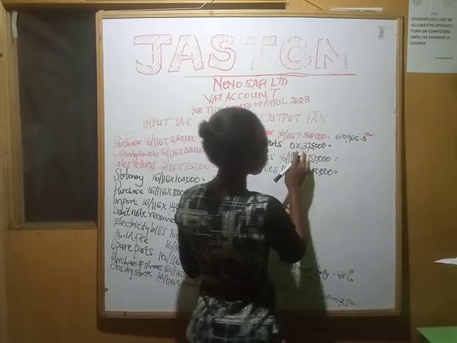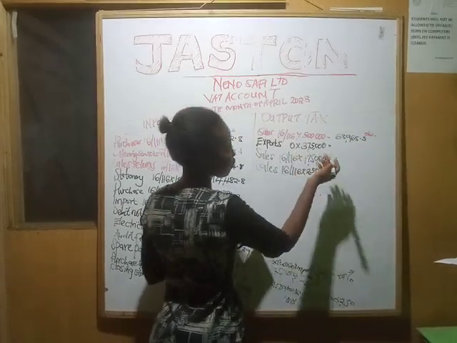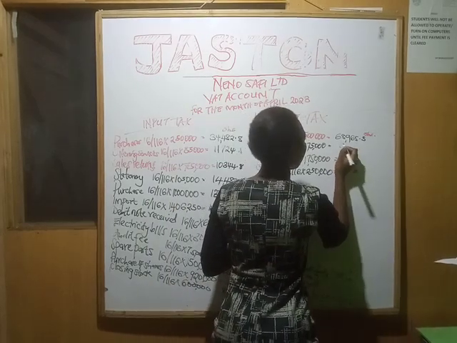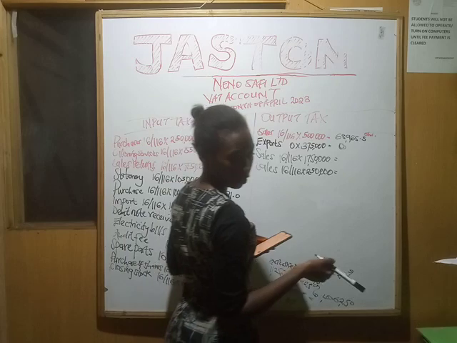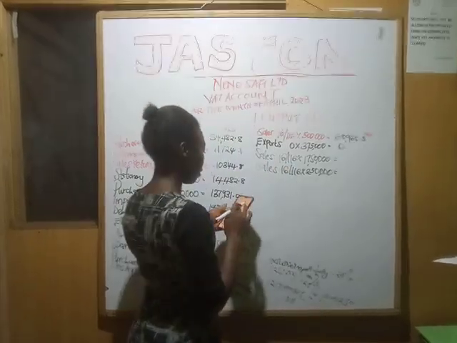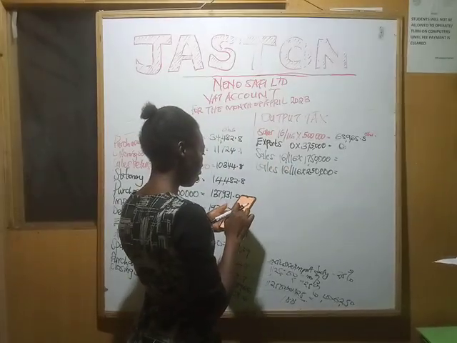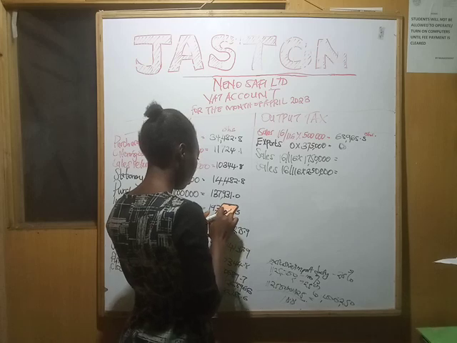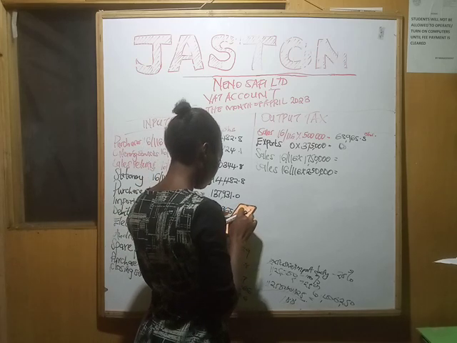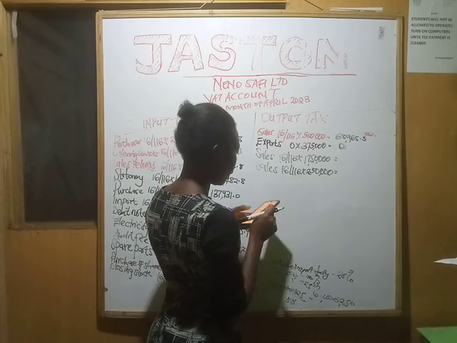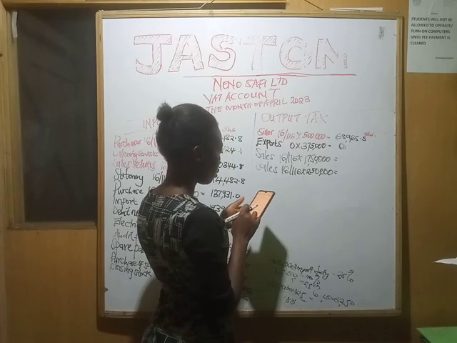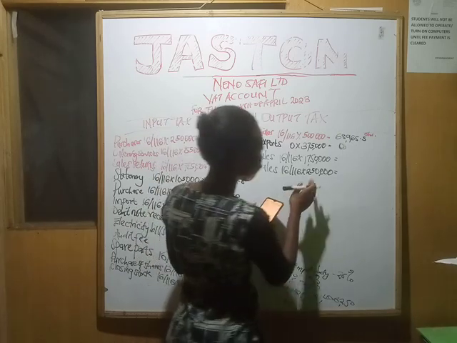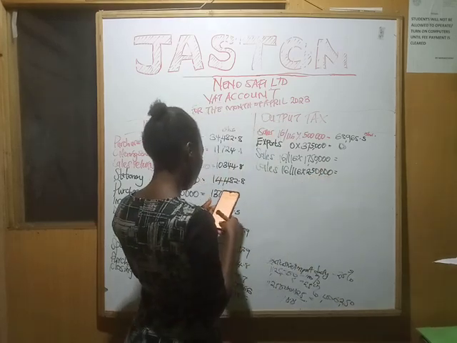We have the exports. 0 times 375,000, we get 0. We also have 16 divided by 116, we multiply by 1,750,000.